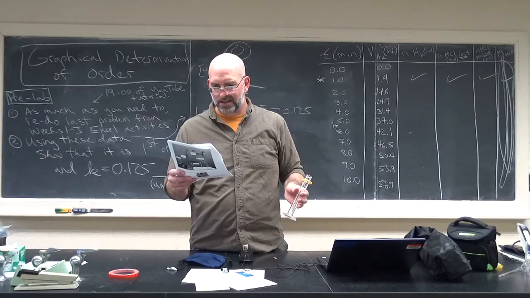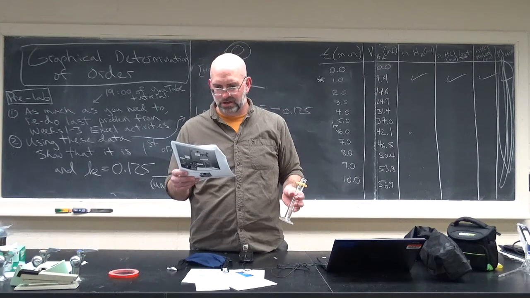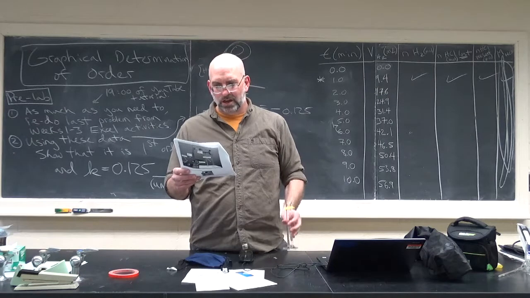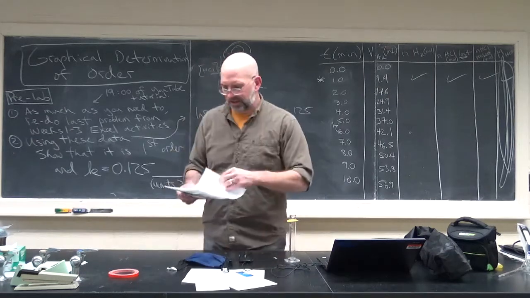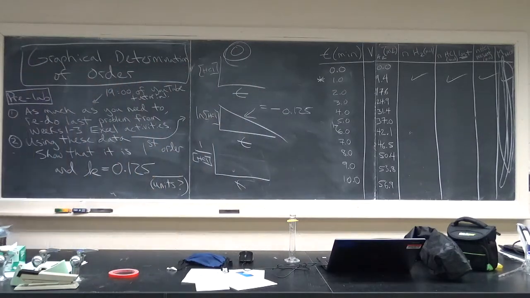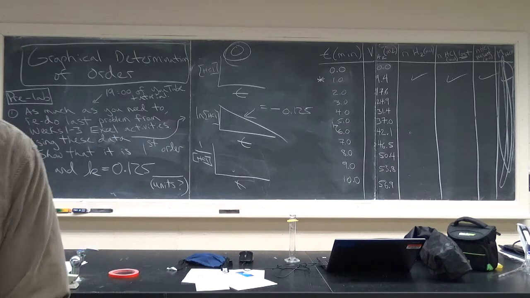I don't think I even want to go through this all that much. So the main thing we're going to do, I'm going to come down here, look at the picture.